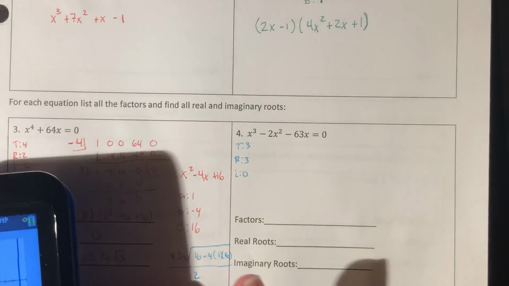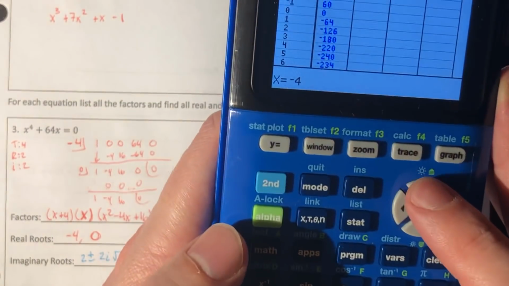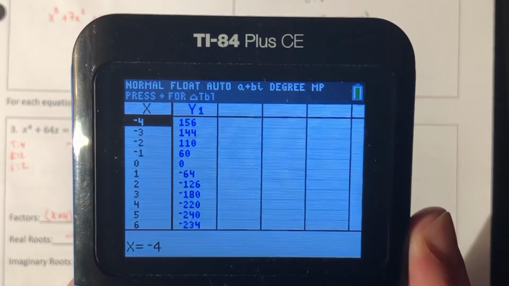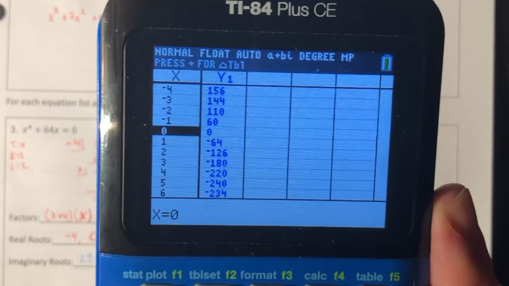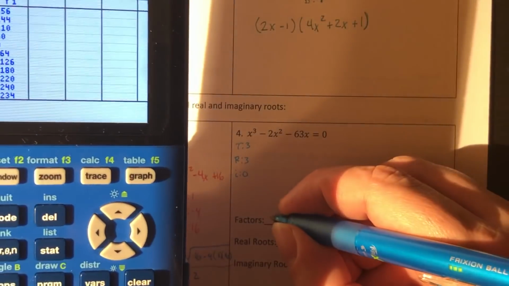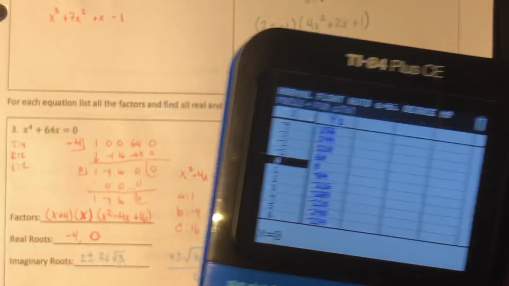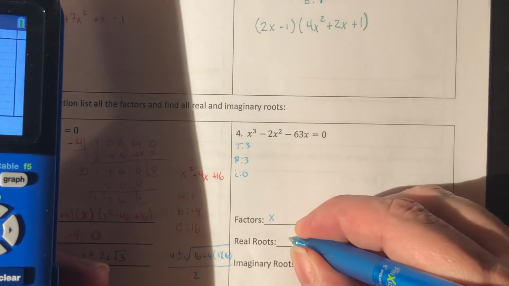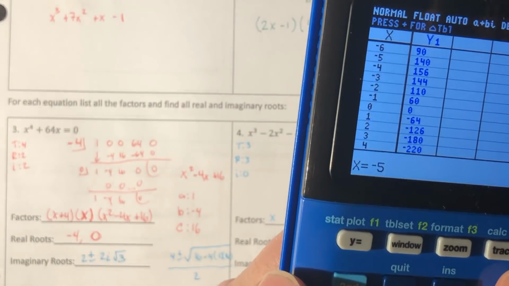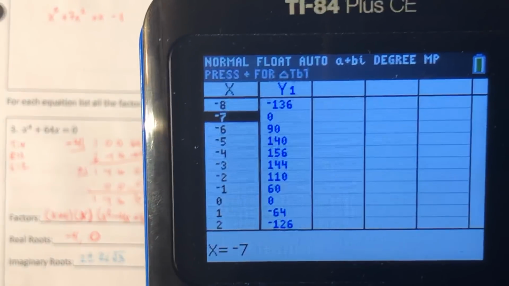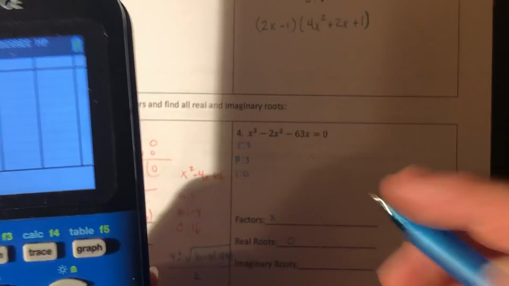So I can come to the table, and I'm looking for when y equals 0. So it happens at 0, meaning that's going to be a factor of x and a real root at 0. It also happens at -7, y equals 0.